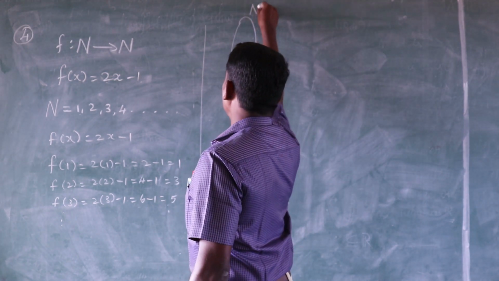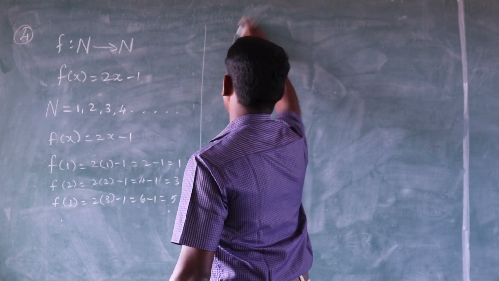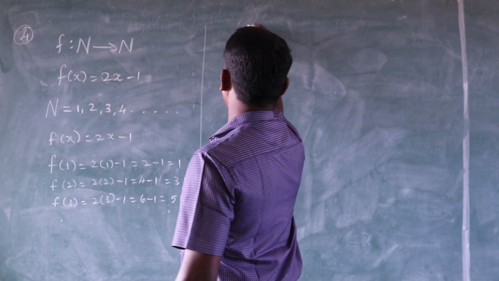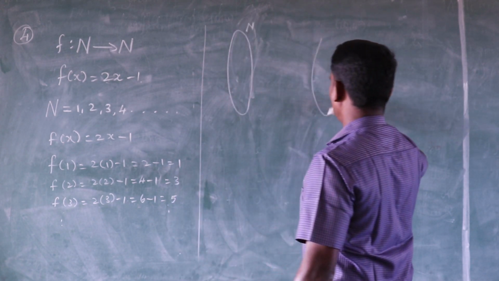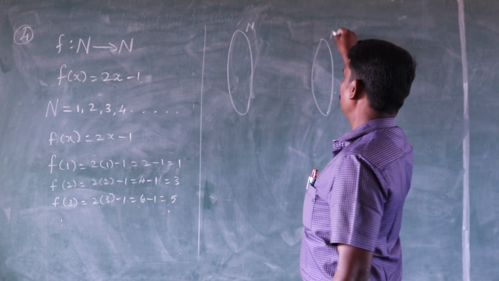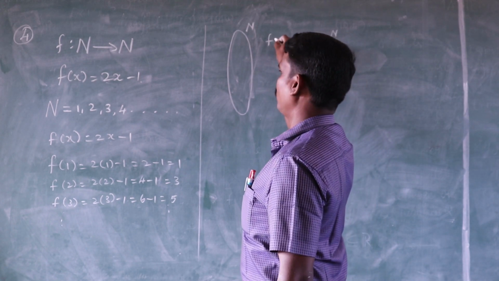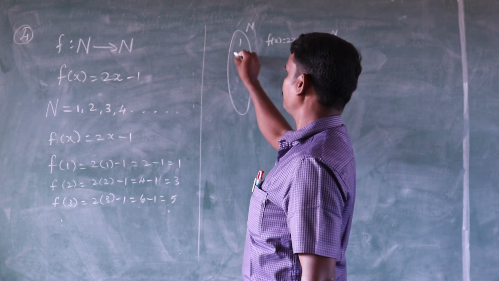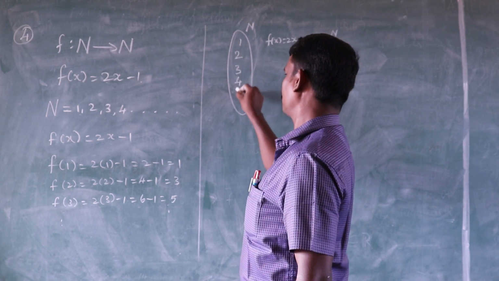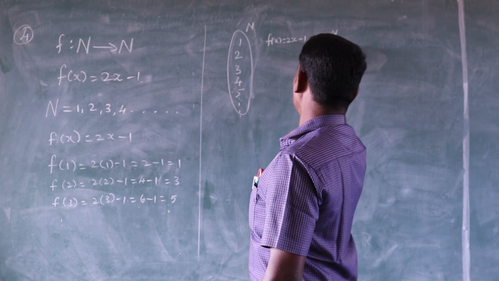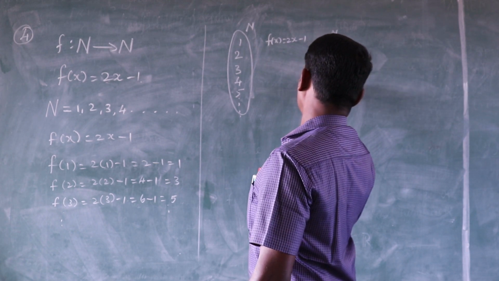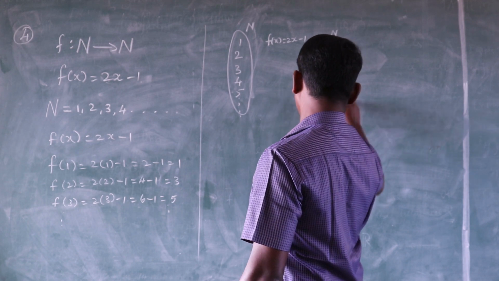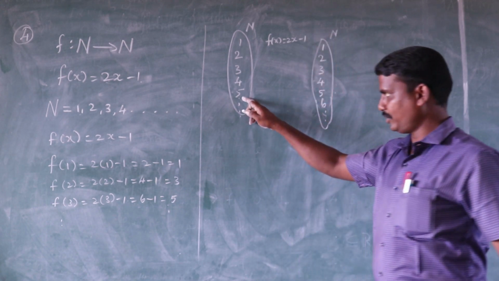And draw an arrow diagram. The first set is also natural numbers. Second set also natural numbers. The function is given, f of x is equal to 2x minus 1. Why the repeated dotted line here?